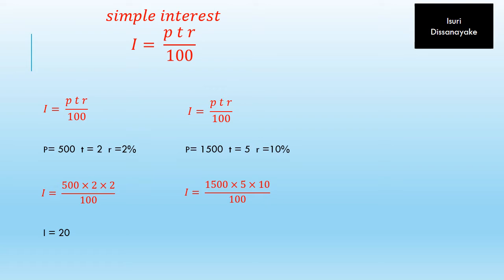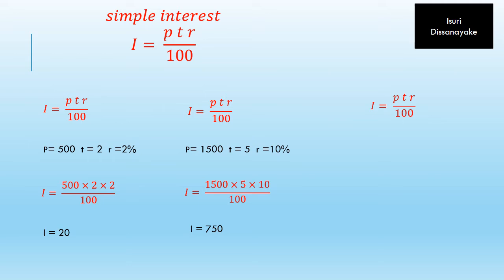Instead of P, we can write down 1500, T is 5, R is 10%. Let's divide the answer by 100. So your interest is 750. You can cut the 2 zeros off. So 15 times 5 times 10 is 750.